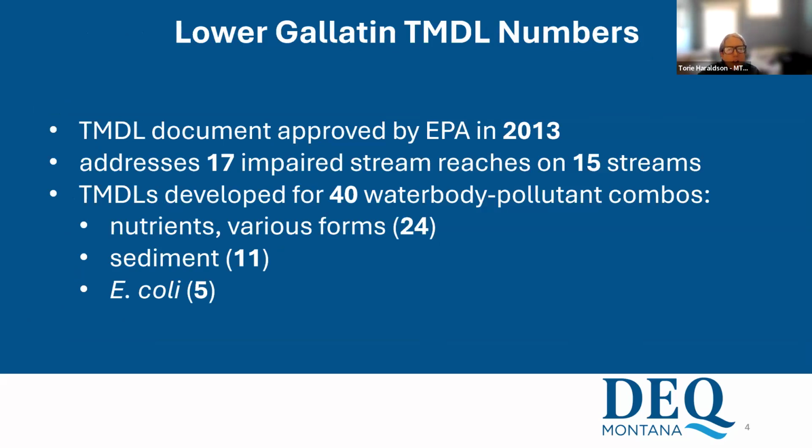So within that broader TMDL plan for the Lower Gallatin, which was completed in 2013, there are 17 stream reaches on 15 streams that were addressed with 40 different TMDLs. And the impairments all fell within the categories of nutrients, sediment, and E. coli, and the numbers are shown there.